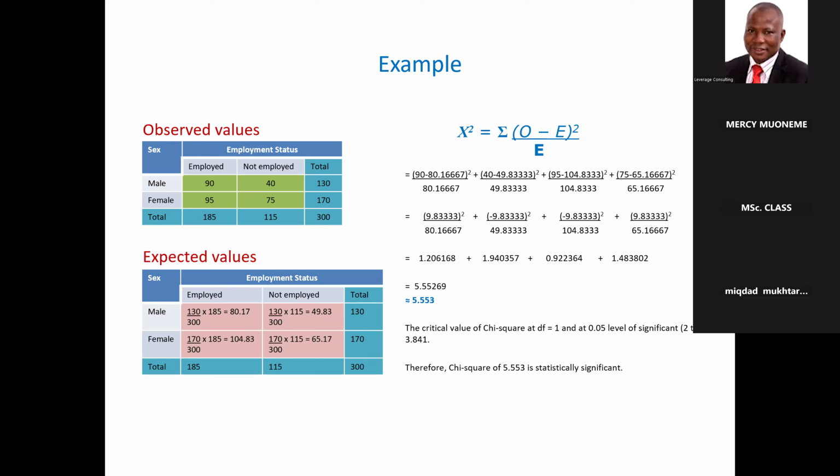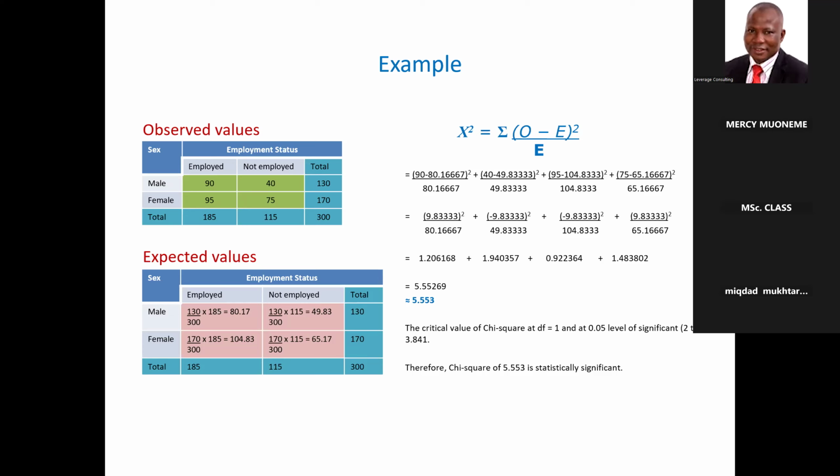The same thing for each of them. So sometimes in an exam, you calculate the expected value: row total times column total divided by grand total. Some people see a value less than 5, but it's not the observed value, it's the expected value that must not be less than 5.